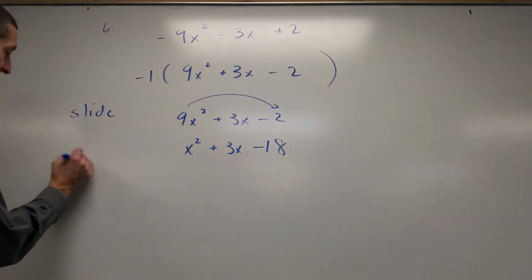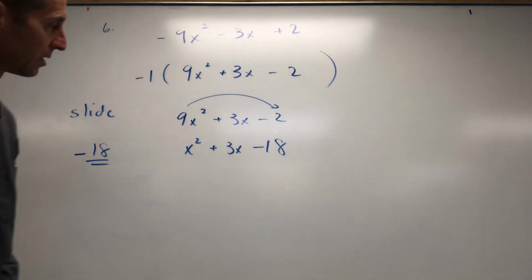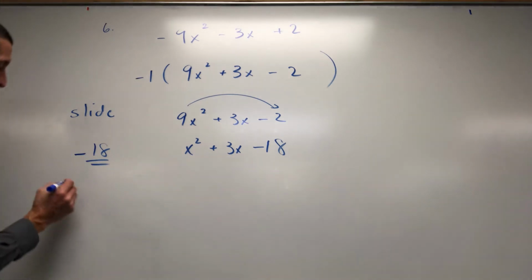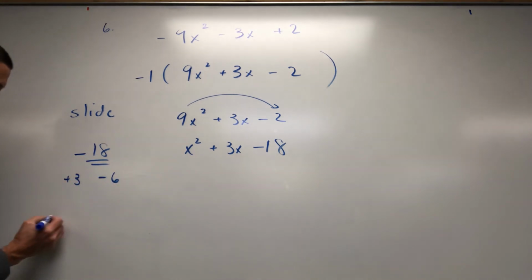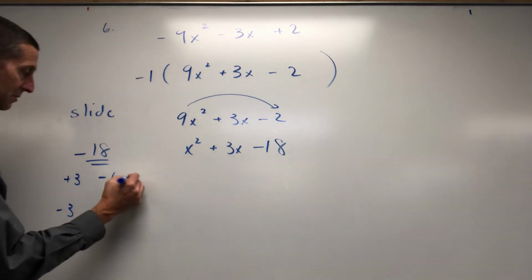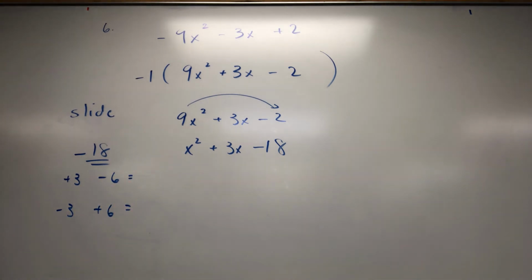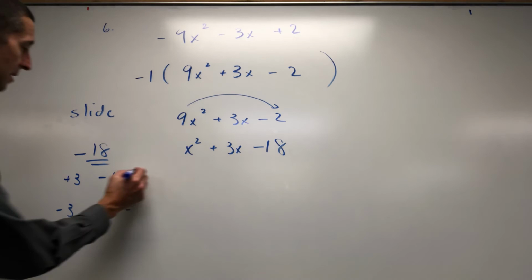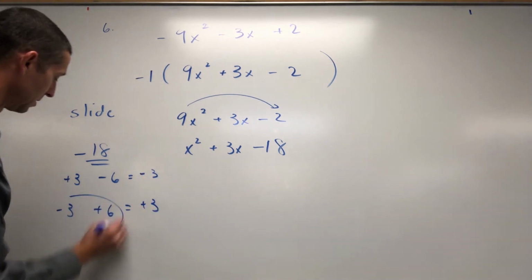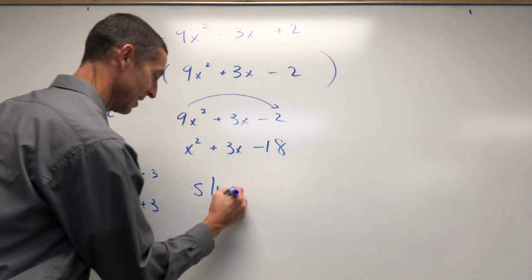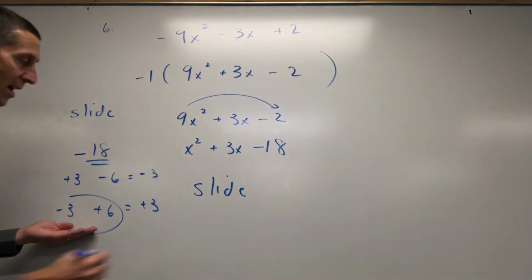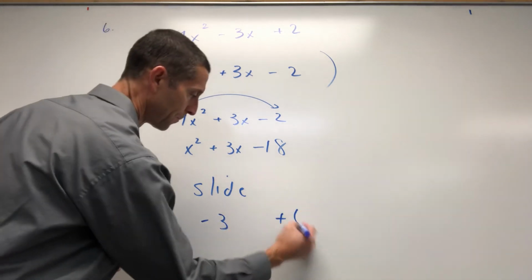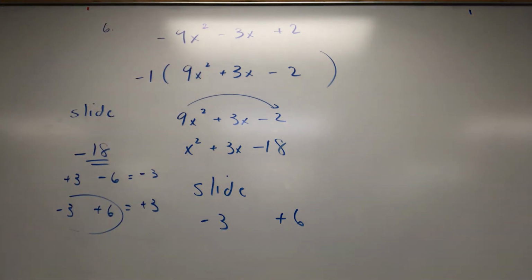Work with 18. What are we going to use? Looks like 3 and 6. So did you go positive 3, negative 6, or negative 3, positive 6? One of those two will give you what we need. It's not this one, looks like it's the second one. So for the slide, the two numbers you've got, negative 3, positive 6.